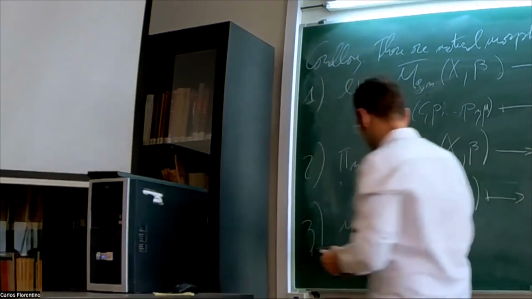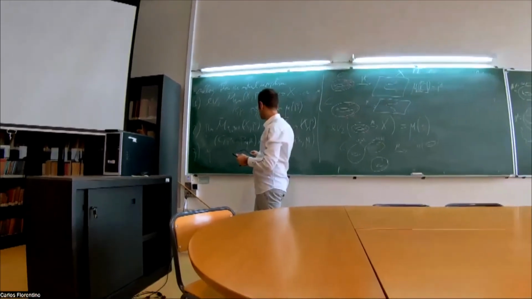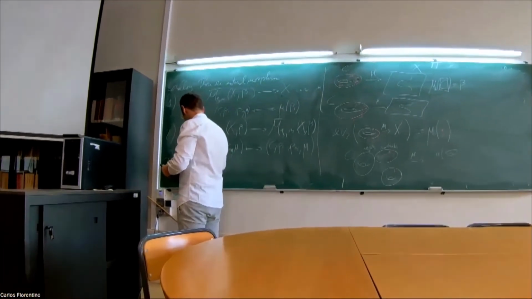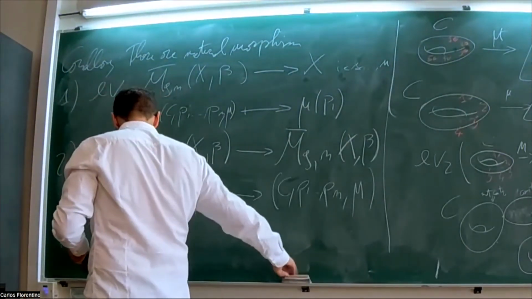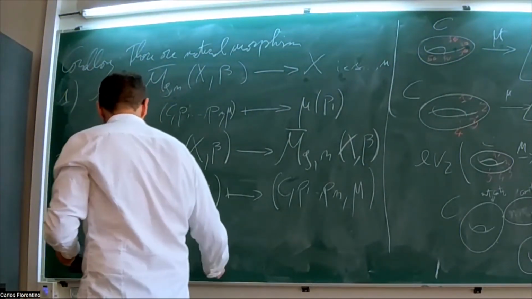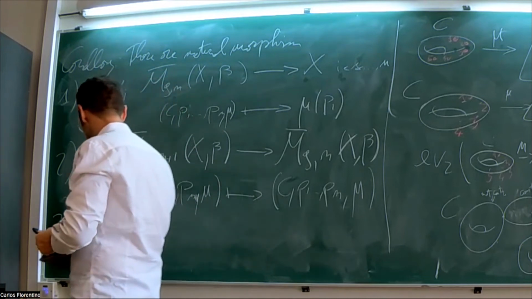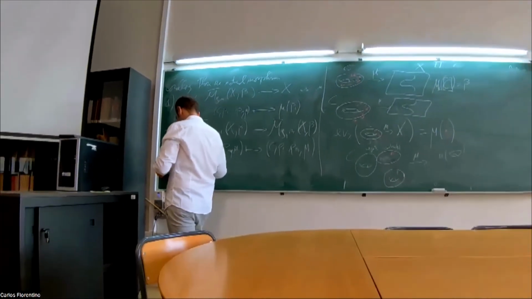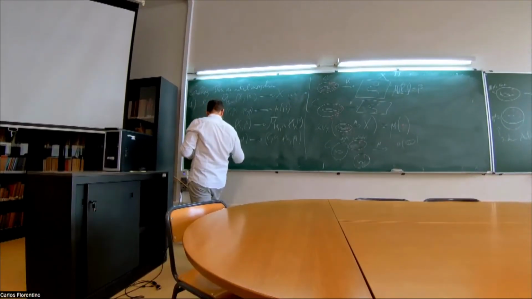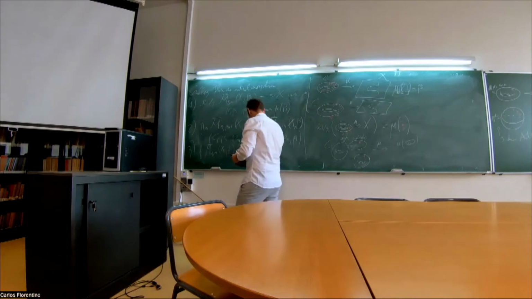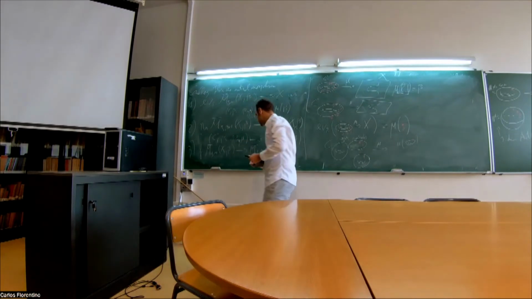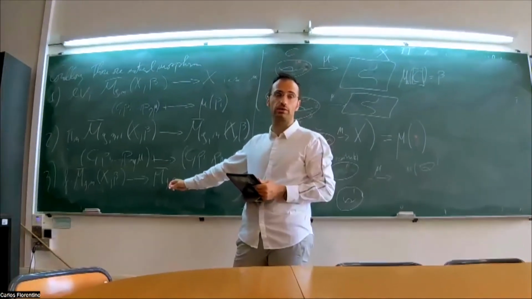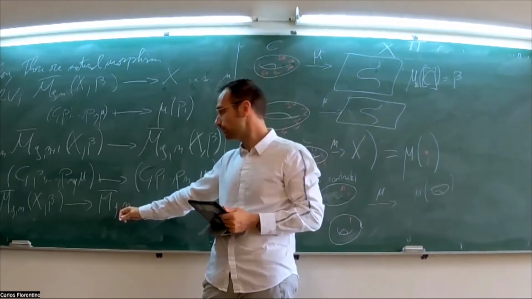This is not new. This is new, it's the other one. Maybe I can change the notation. Let's use that for now: M_{g,n}(X, beta) to M_{g,n}. This is the moduli space of stable curves, quite a known object.